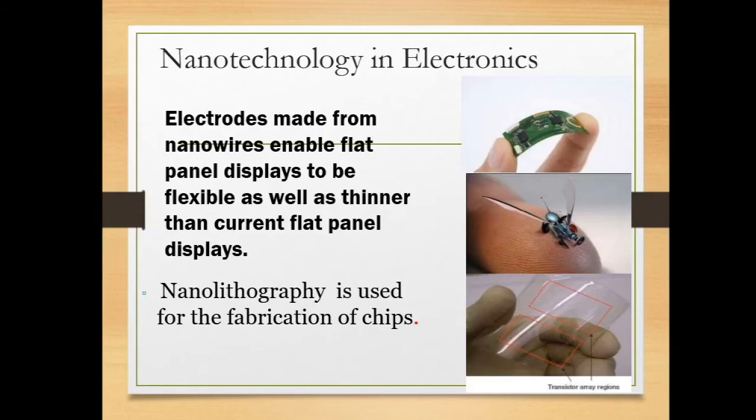Electrodes made from nanowires enable flat panel displays to be flexible as well as thinner than current flat panel displays. Nanolithography is used for fabrication of chips. The transistors are made of nanowires that are assembled on glass or thin film of flexible plastic.